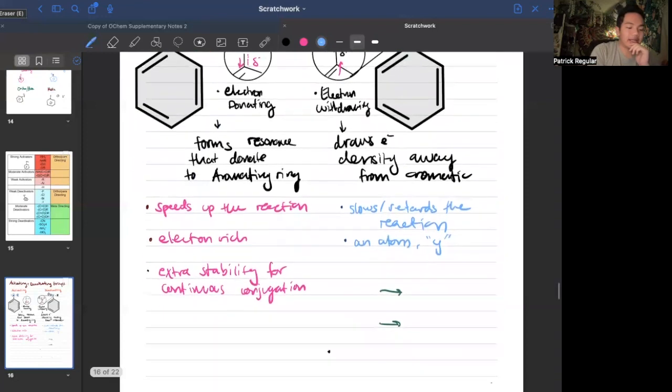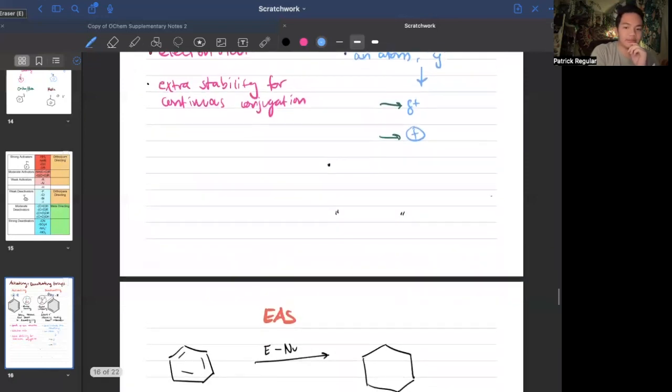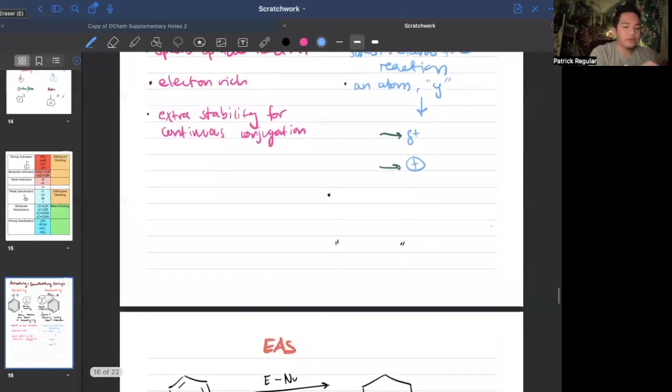Again, the atom Y is going to be partially positive or have a positive formal charge. The density is being pulled away. So resonance will place a positive charge on that alpha substituent.